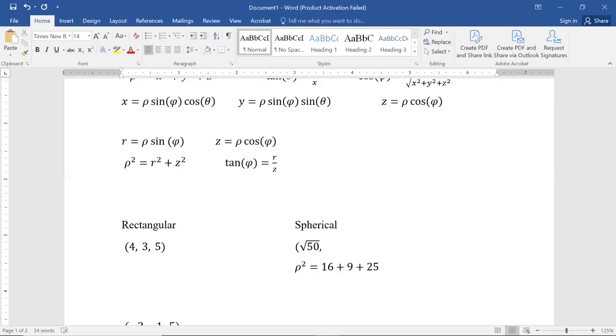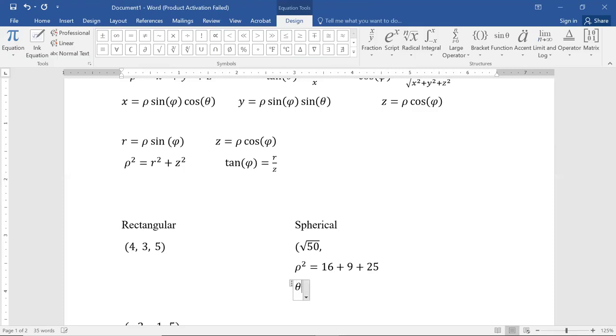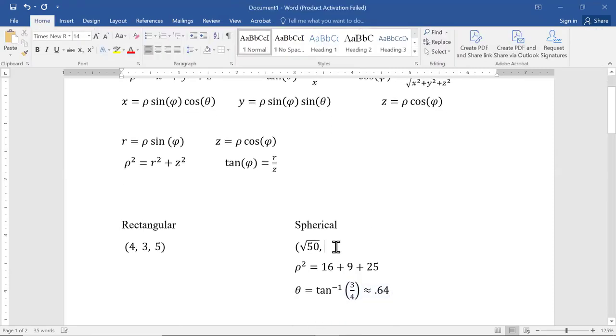So if I want to find theta, that's going to be the inverse tangent of y over x, so that's 3/4, which is about 0.64. I'm just going to make an approximate theta there. So my theta is about 0.64. I'll do an approximate version of both theta and phi.